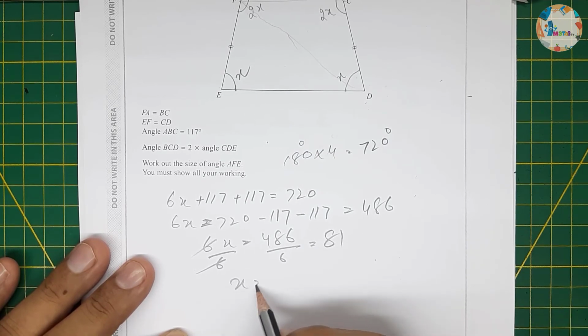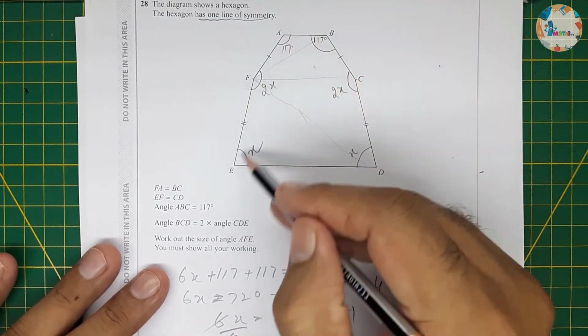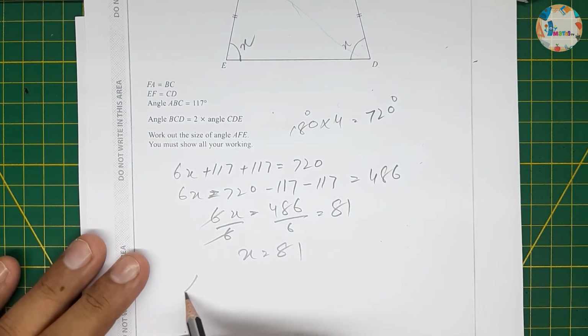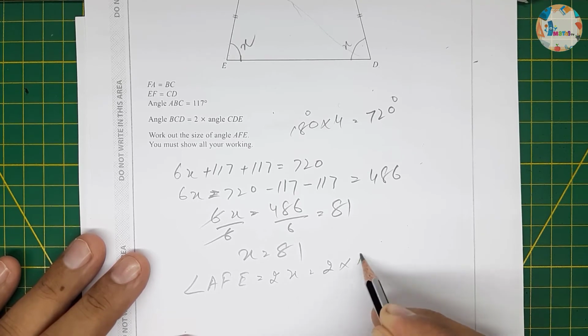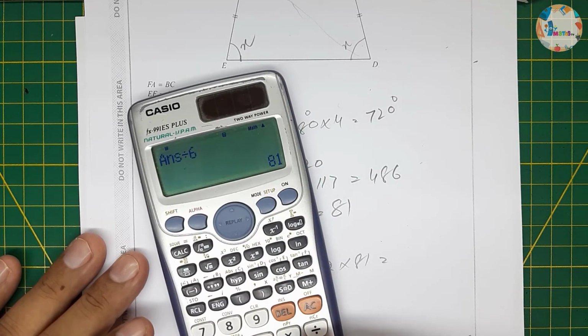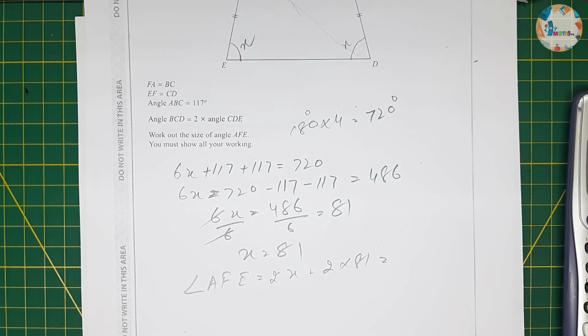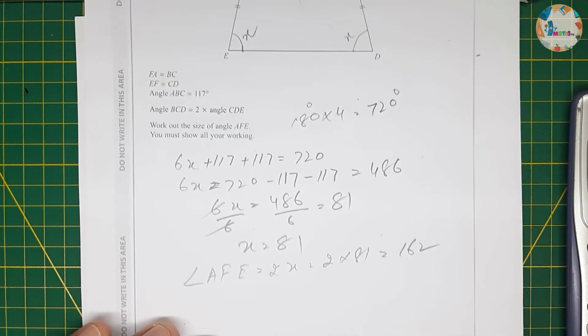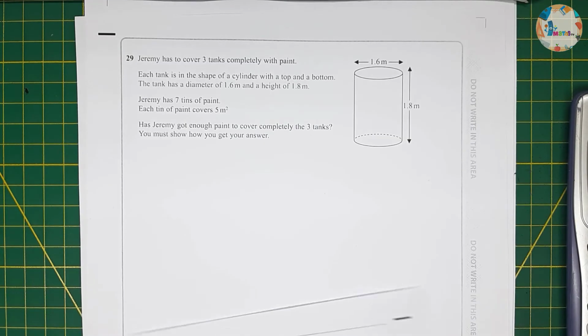So x is equal to 81, but they are asking for angle AFE, which will be equal to 2x, which is 2 into 81, and that will be equal to 162. So we can write 162 as our answer. Hopefully you understand this.